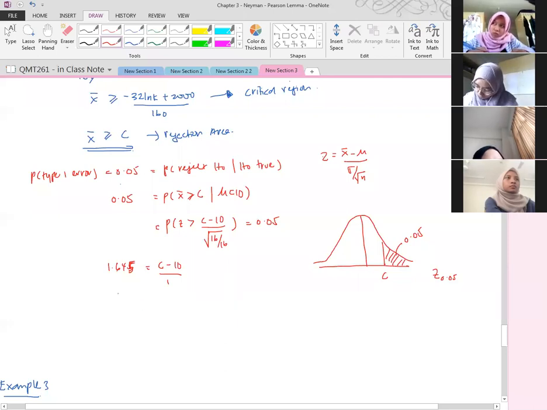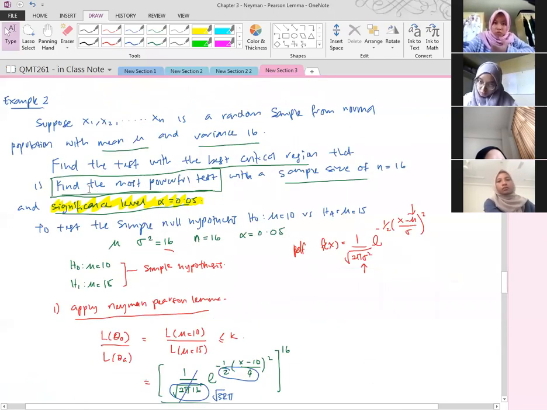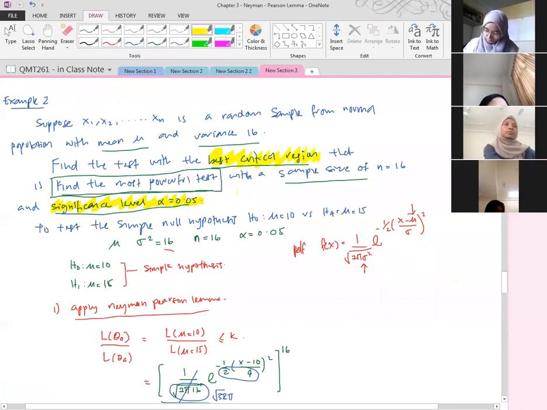Now C is equal to 11.645. Now the question asks us to find the most powerful test. There are two parts here. First, finding the best critical region. We already found the best critical region, which is C equal to 11.645.